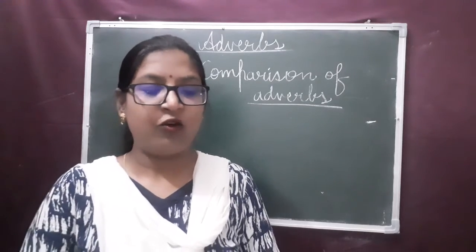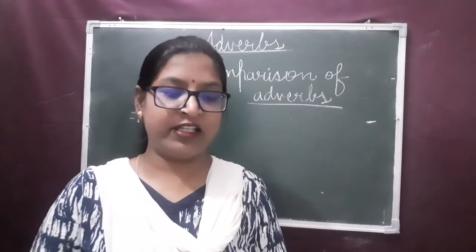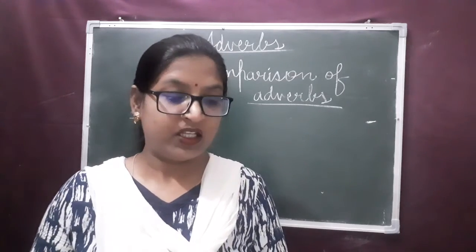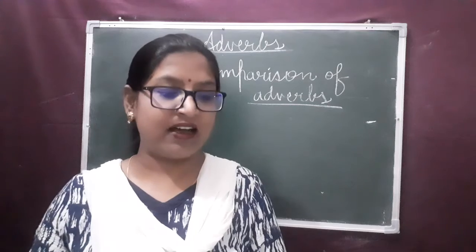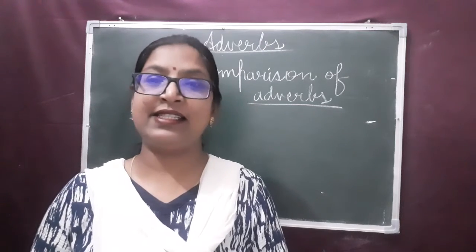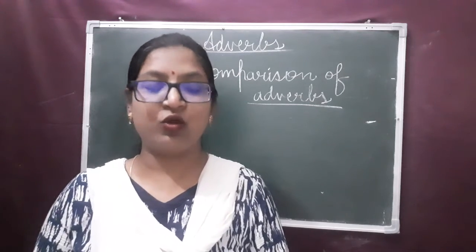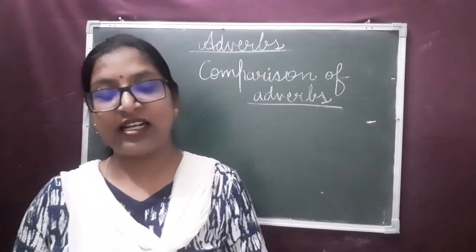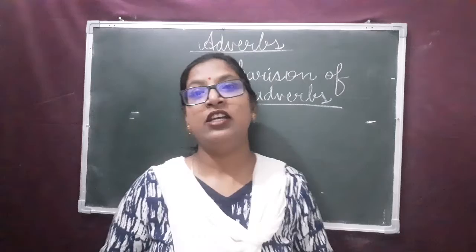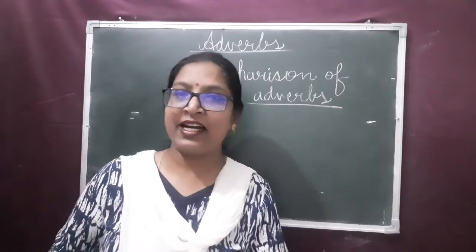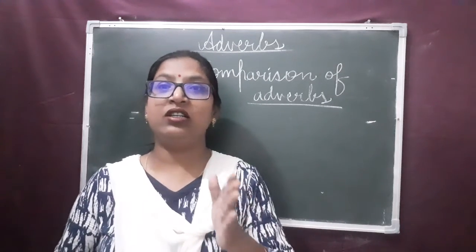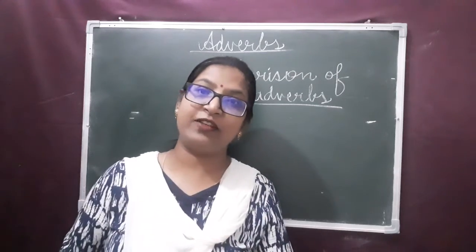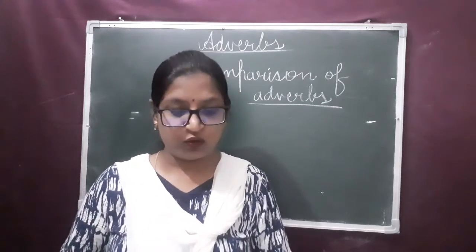We can see here far, farther, farthest; bad, worse, worst; late, later, last; little, less, least; much, more, most; good, better, best. So these are the irregular adverbs. With them we do not add er or est. Their comparative and superlative forms are completely different from the root word.